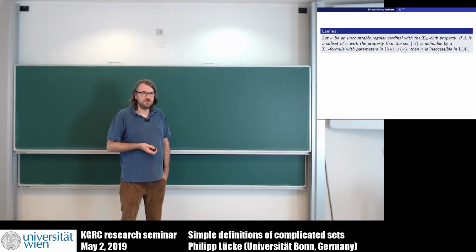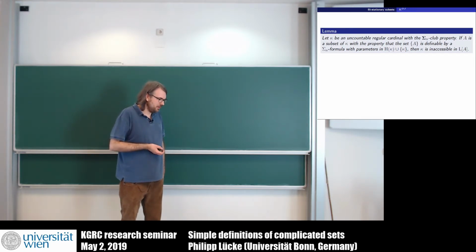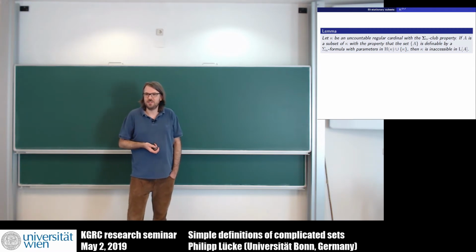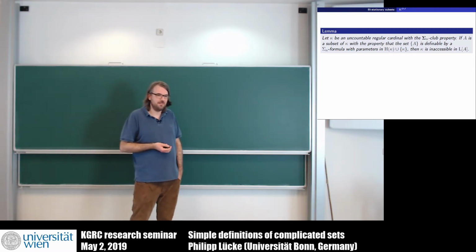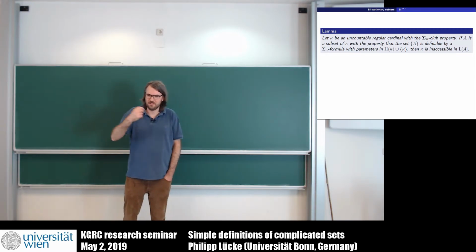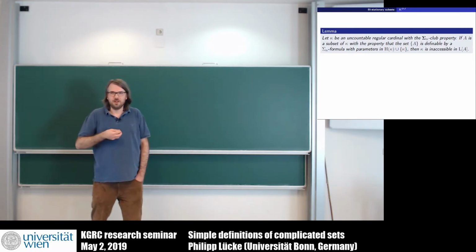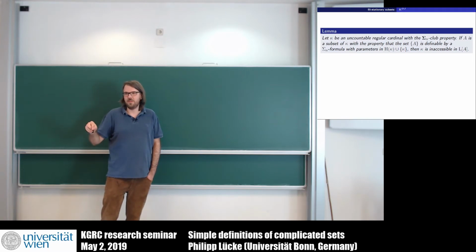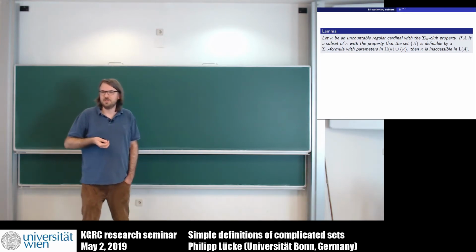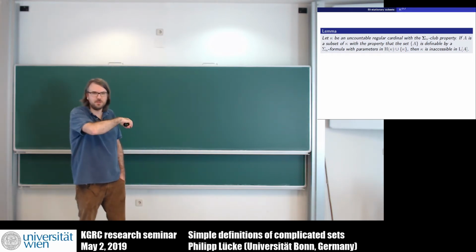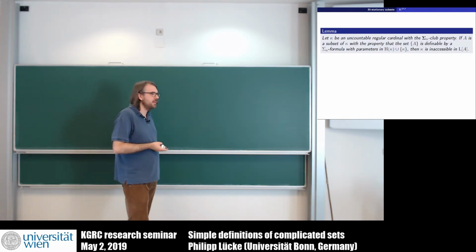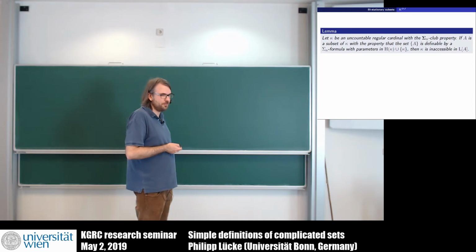But what you do is you go through the proof of why weakly compact cardinals are inaccessible, and you check that if you're in this definable setting, then the counterexamples will also be definable, and you get a definable coloring without a large homogeneous set. But the Σn club property already gives you a club homogeneous set. Okay, but this requires some work.